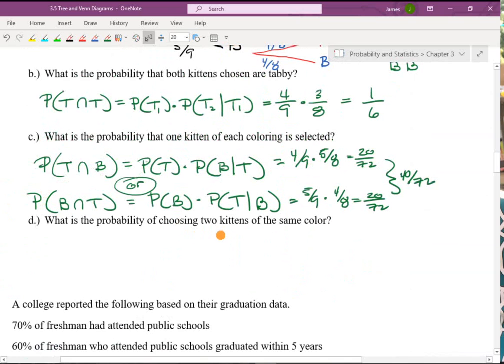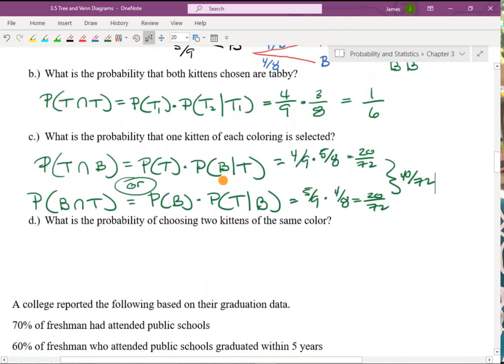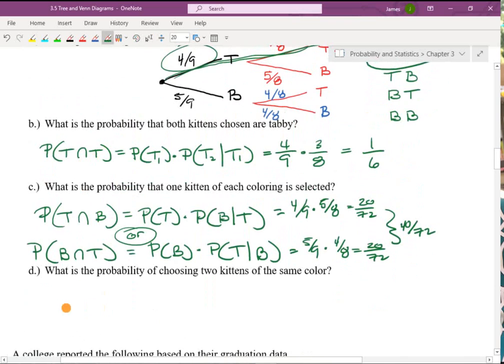So two kittens of the same color. Okay. Would you guys agree that that would be? So we've already determined the probability that they're both tabby, right? So that was 1/6. What's the probability that they're both black? It'd be 20 out of 72, right? It'd be that stem right there. So what would I do with those two? So what do we say? 12/72 was when they were both tabby, and then both black would be 20/72.